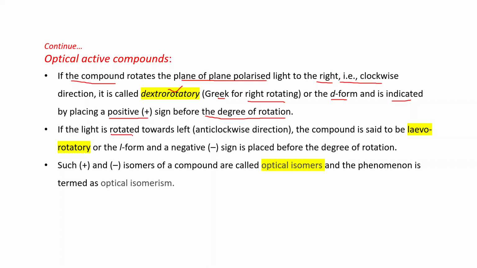If the light is rotated towards the left, that is anti-clockwise direction, the compound is said to be levo-rotatory or L form, and a negative sign is placed before the degree of rotation. Such dextro-rotatory, that is plus, and levo-rotatory, that is minus, isomers of compounds are called optical isomers, and the phenomenon is termed optical isomerism.